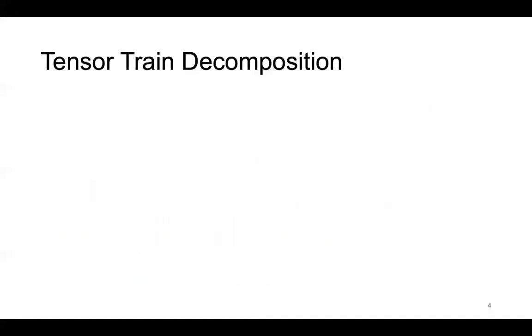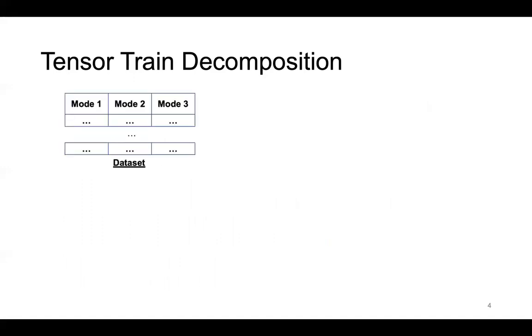So here I want to give a quick review of how tensor train decomposition works. Basically, we start with raw data in tuple style. For example, in this data set, each row represents one data instance, and each column represents one mode, which we can also call a feature.